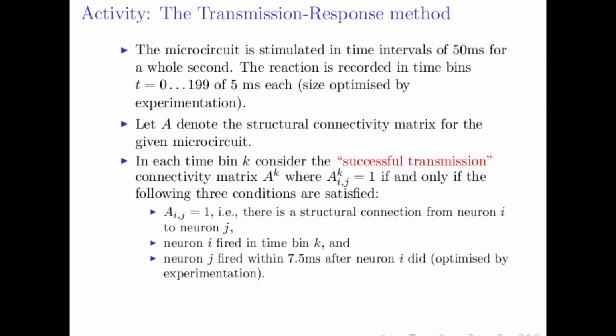This number is optimized by experimentation, and if these three conditions are satisfied, we put a 1 there, under the hypothesis that there is a causal connection between the firing of neuron J and the firing of neuron I about 7.5 milliseconds before. Okay? So we get a bunch of matrices, 200 matrices.